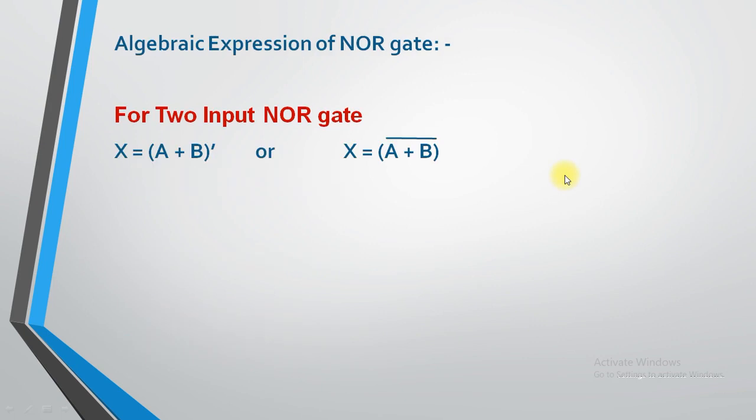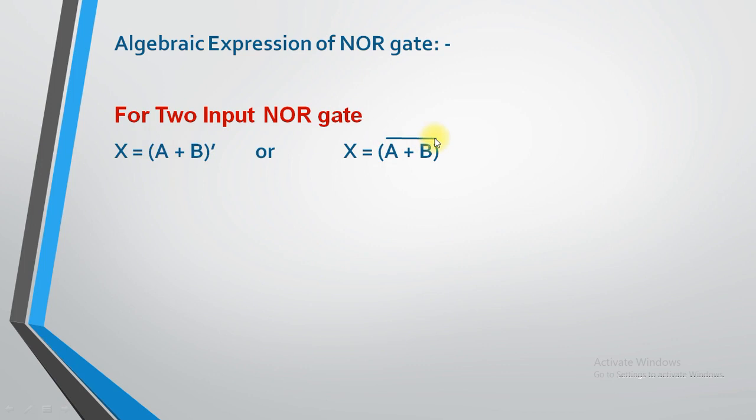Understand the algebraic expression for NOR gate. As you know, NOR gate is the combination of NOT gate and OR gate, right? So what is the formula for OR gate? A plus B. And what is the formula for NOT gate? It is represented by either a dash or a bar. So you need to make a bracket and apply the whole dash over here.